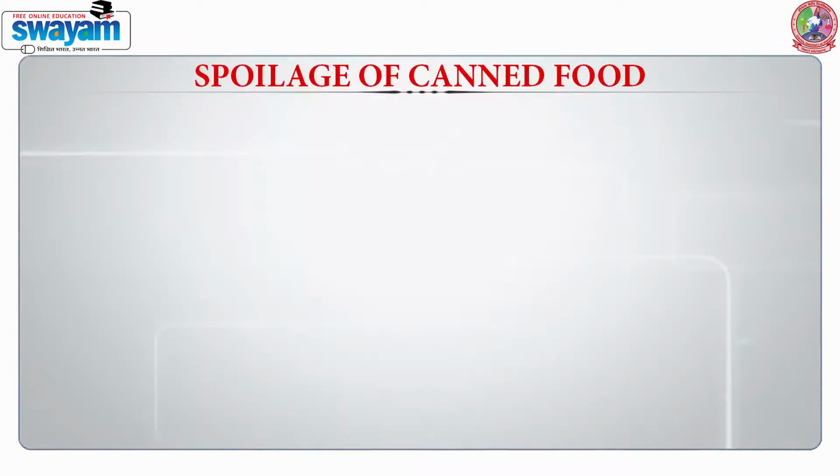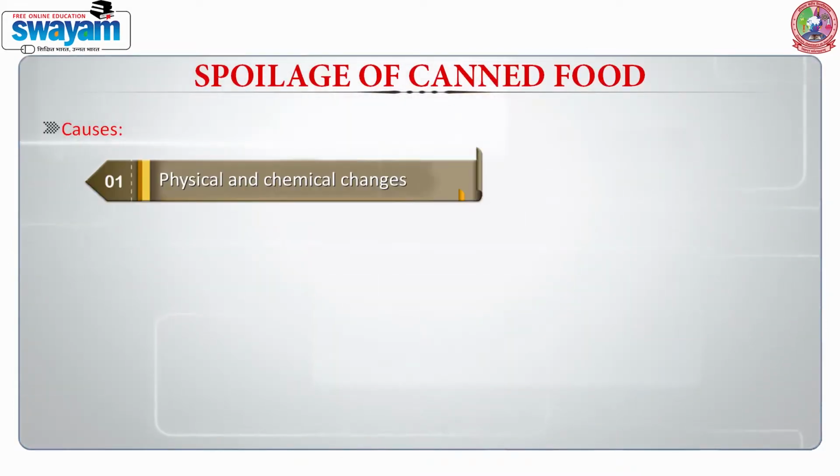As you know, canning is a process to improve the shelf life and preserve the food item. There are certain spoilages of canned food, and these spoilages are caused either by physical or chemical changes.